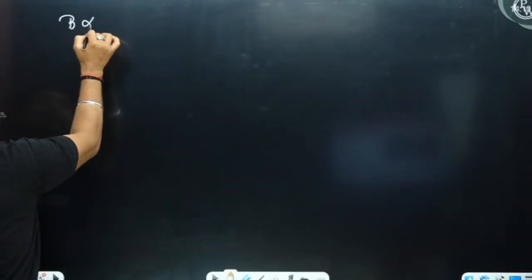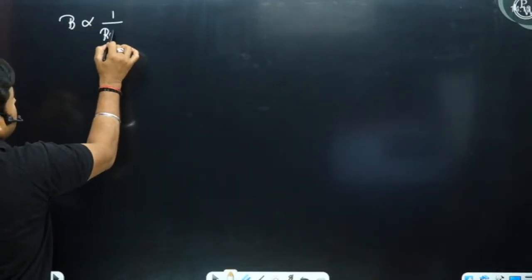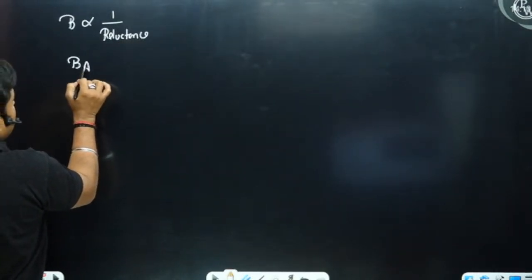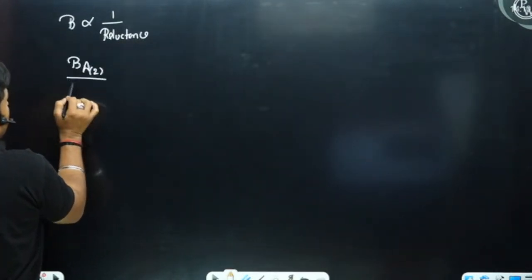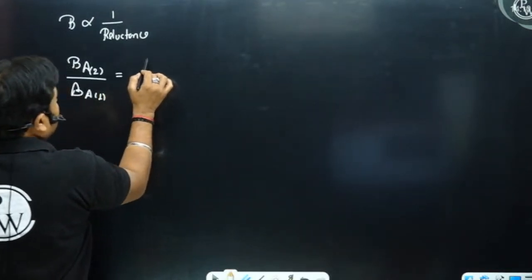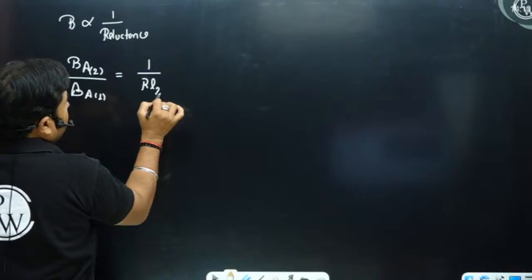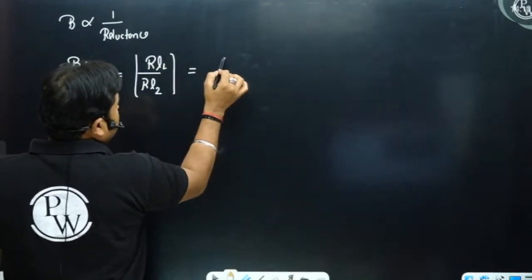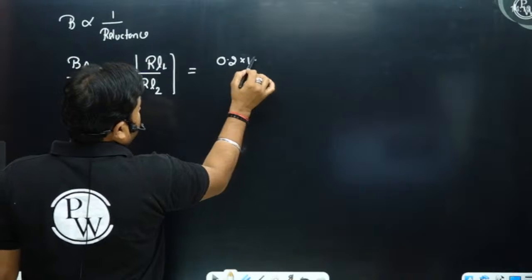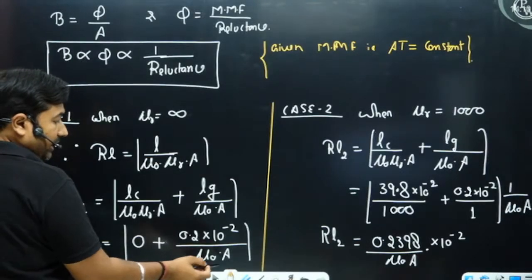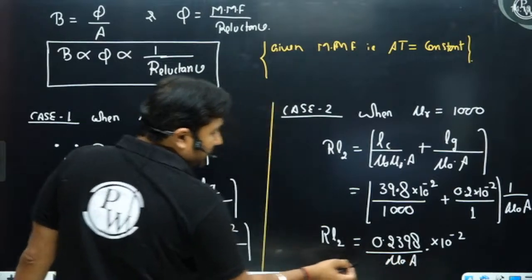Since flux density is inversely proportional to reluctance, flux density in the air gap in the second case upon flux density in the air gap in the first case will become reluctance in the first case by reluctance in the second case. Reluctance in the first case is 0.2 into 10 to the power of minus 2 upon mu naught A, and mu naught A will get cancelled out in the ratio.